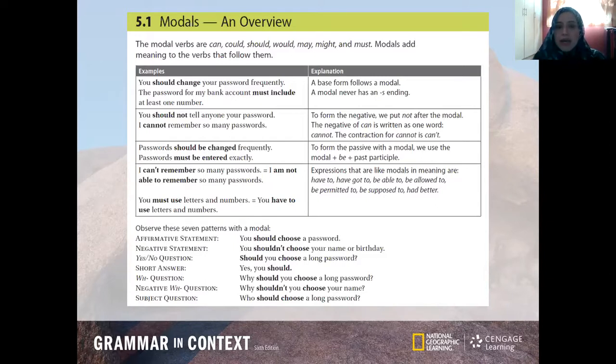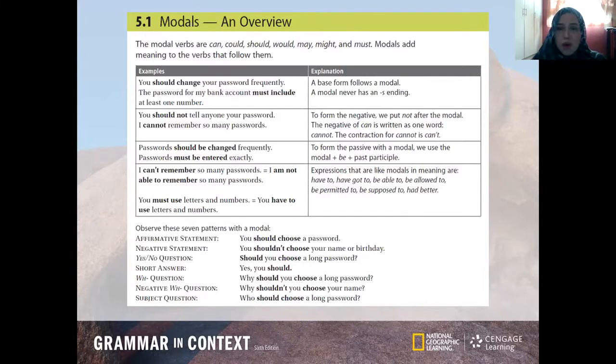Now, let's look at the explanation for these modal verbs, or modals, we call them, okay? Now, a base form follows a modal, meaning that usually when we use modals in a sentence, the modal will be followed by the main verb. And the main verb will always be in the base form, meaning that it doesn't follow any tenses.